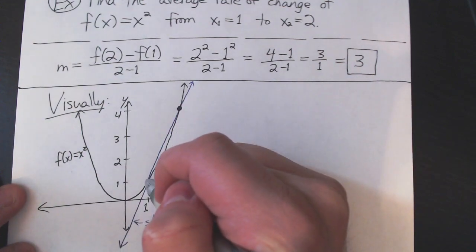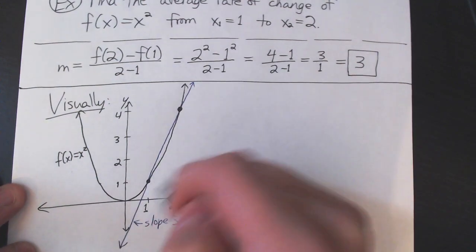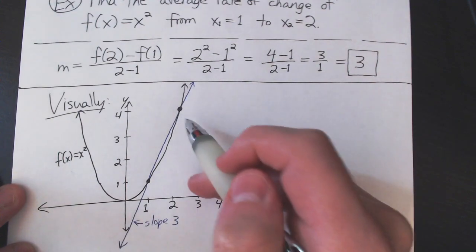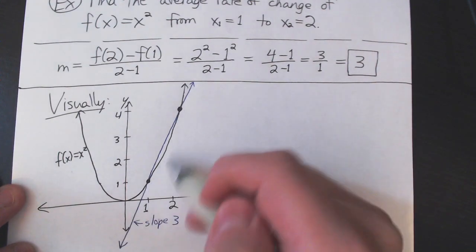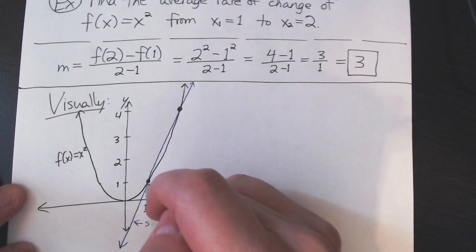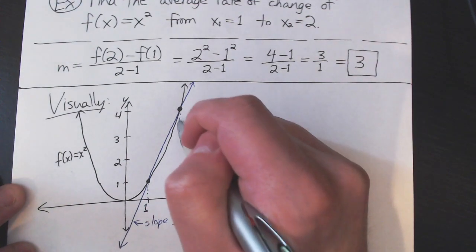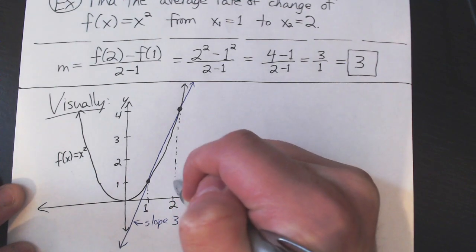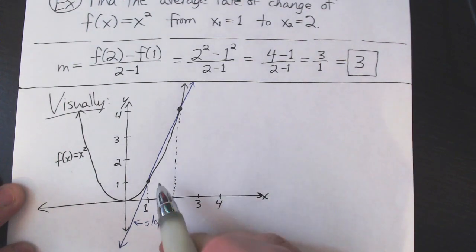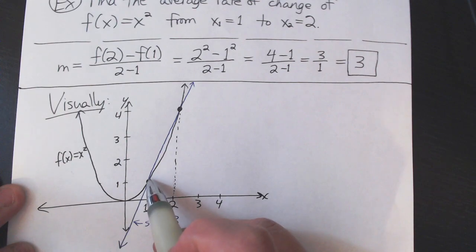But what we did calculate, the 3, it's still kind of telling us what the function is doing from x1 equals 1 to x2 equals 2. It's kind of like what's happening on this part of the function, what's happening on this interval.